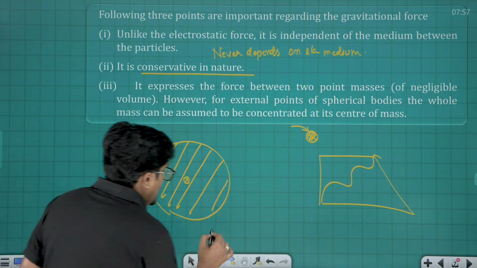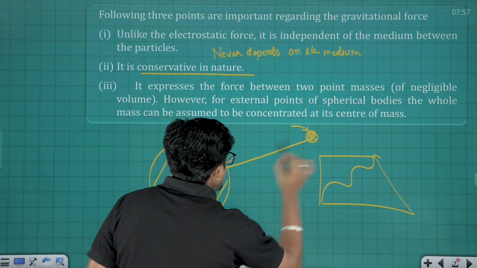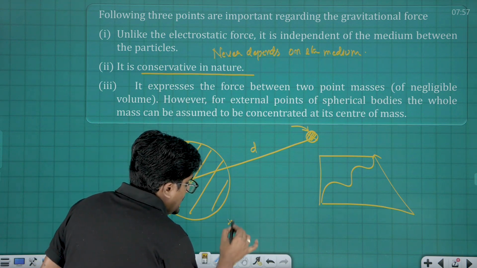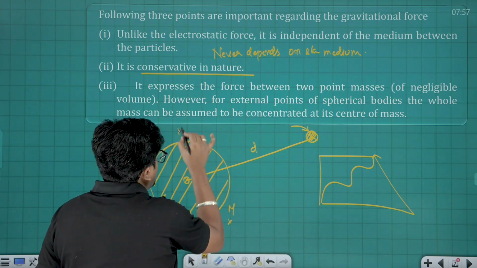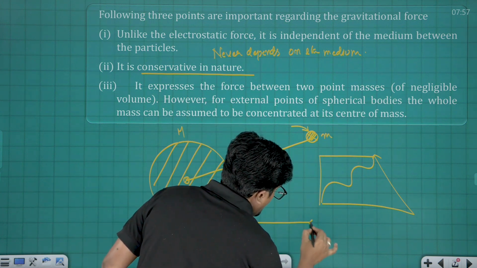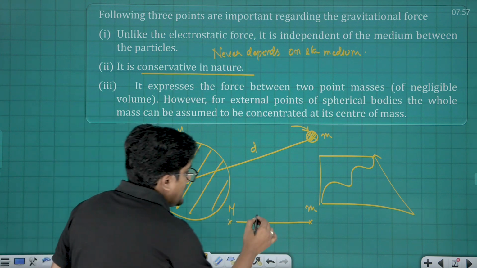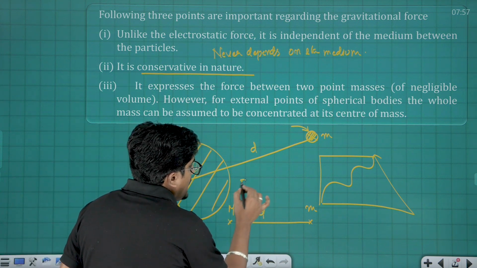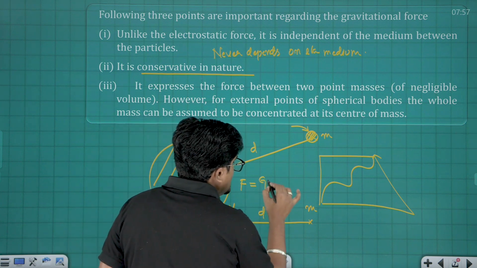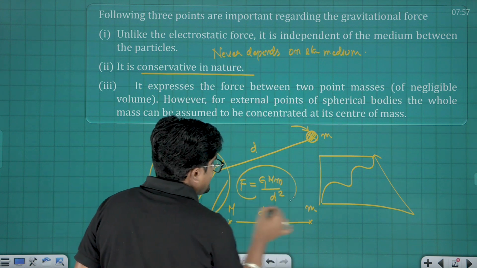If this center to center distance is marked as capital D, and capital M is the mass of this and small letter m is the mass of this one, then the gravitational force of attraction between these two masses is going to be G capital M small letter m divided by D square.